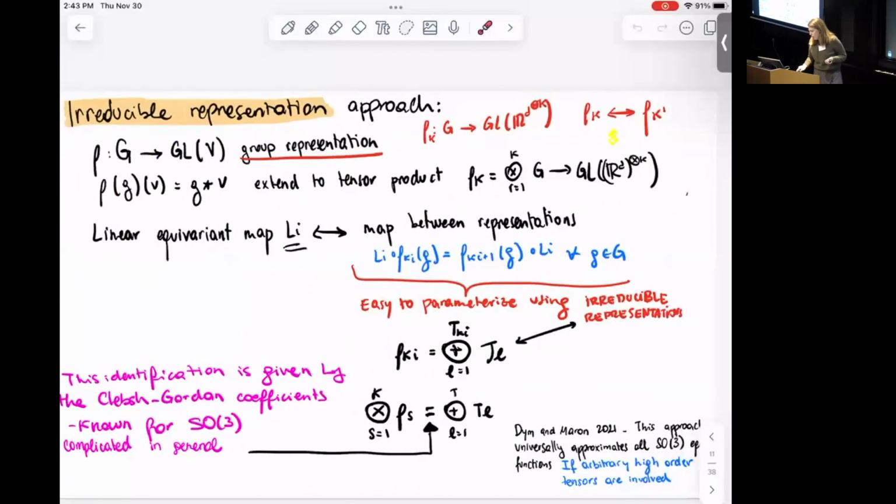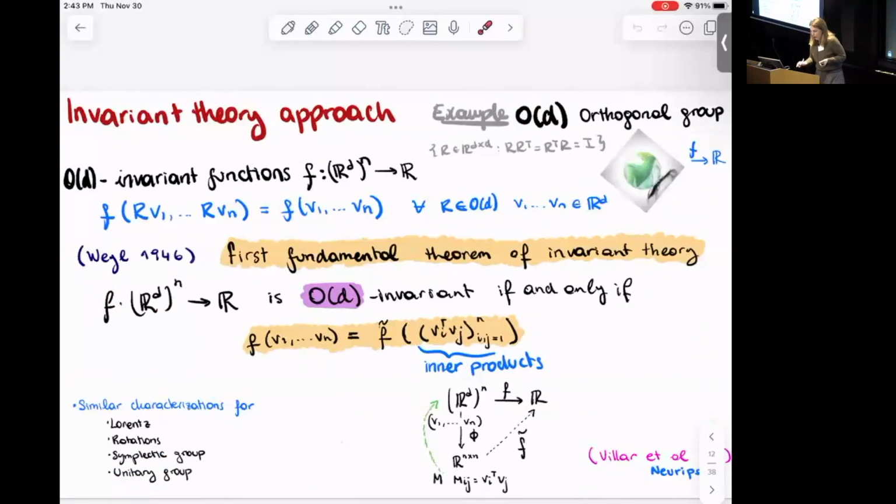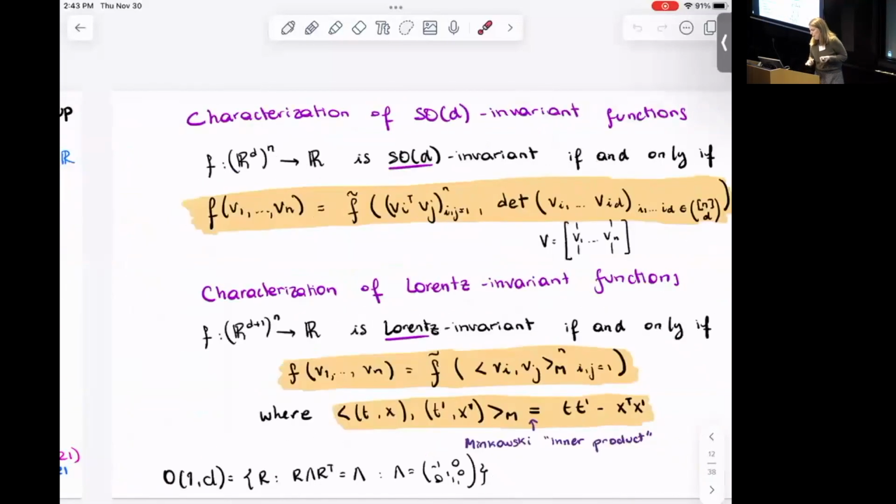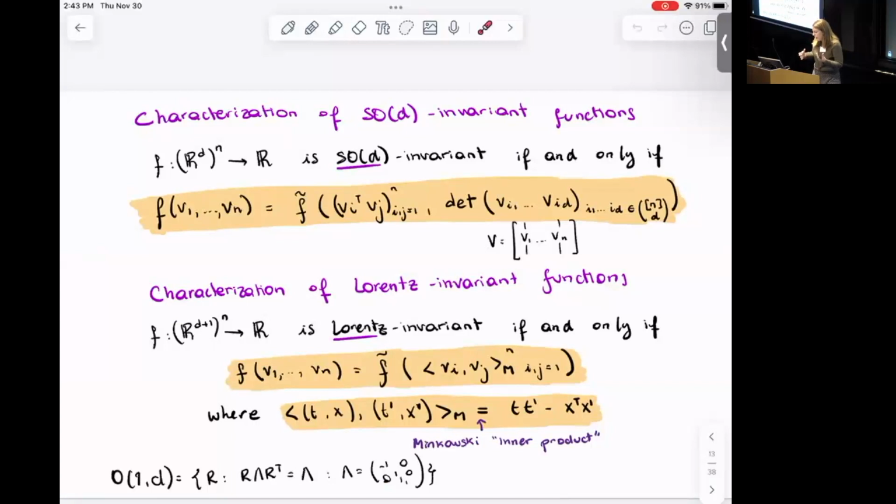That is for O(d), which is rotations and reflections, but a similar characterization exists for other groups. For the group of rotations, SO(d), it would be the inner products, and then you would get some determinants, which come from the fact that SO(d) consists of the orthogonal matrices that have determinant equal to 1. So the determinants need to show up in the set of invariants.